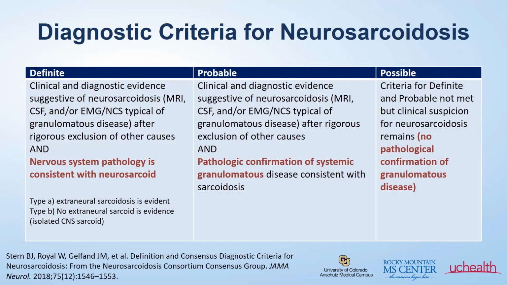For example, one might have a meningitis, but is found to have a lymph node in the lung or chest that is biopsied and confirms sarcoidosis. If a biopsy is not possible or non-diagnostic, then the diagnosis may remain as possible neurosarcoidosis.